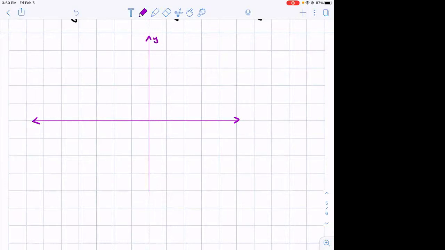So here is the y-axis, here's the x. So this is 1, that's 2, 3, 4, 5, 6, 7. 1, 2, 3, 4, 5, 6, 7. So -1, -2, -3, -4, -5, -6, -7, and again on the other axis.